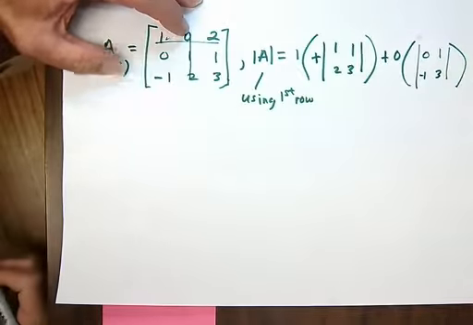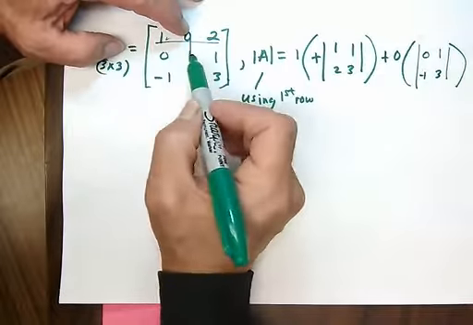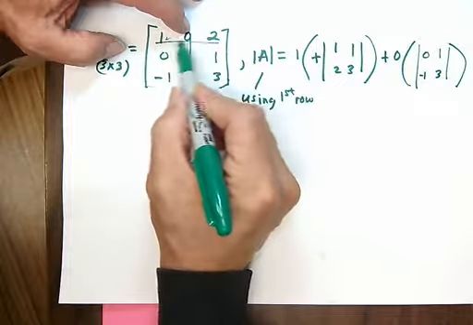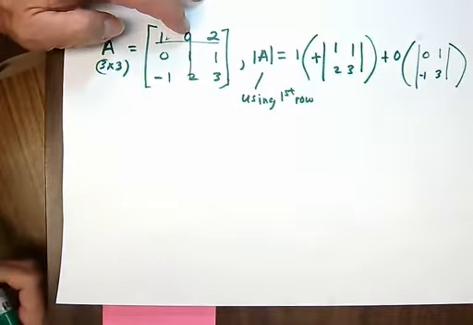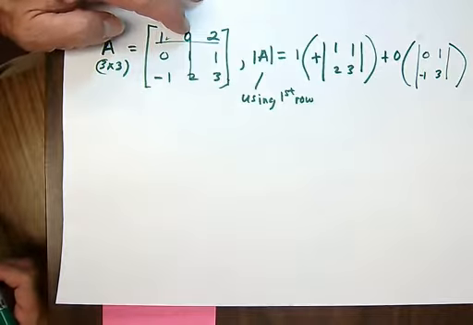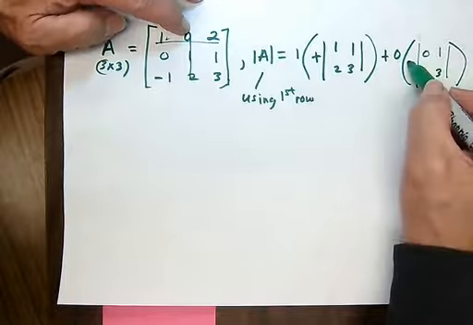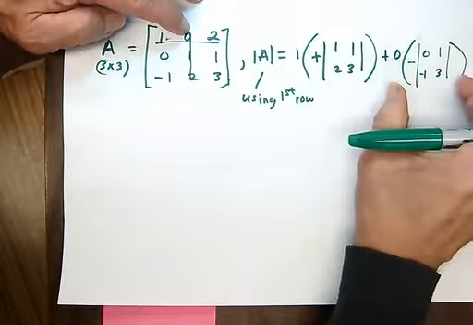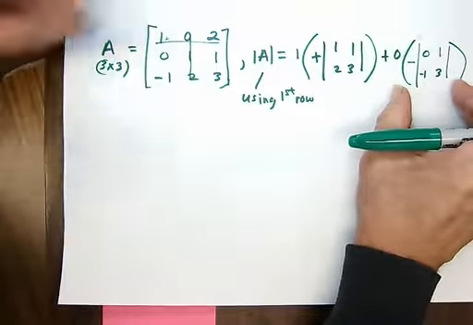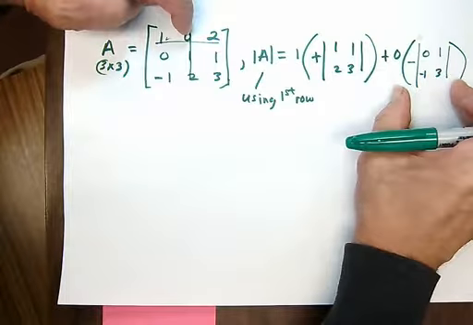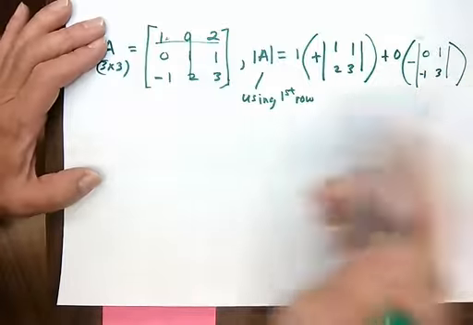Now remember, we're trying to find the cofactor of this element in the first row, second column, element A12. Since 1 plus 2 is 3, which is odd, we have to assign a negative sign to that minor to get the expression in parentheses, which is the cofactor of element A12.